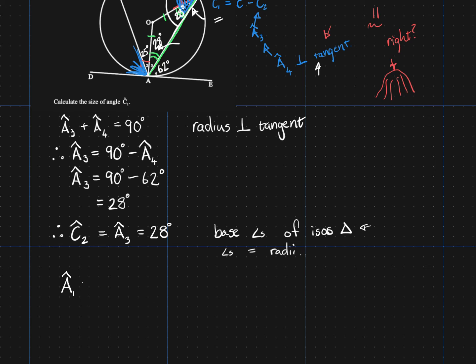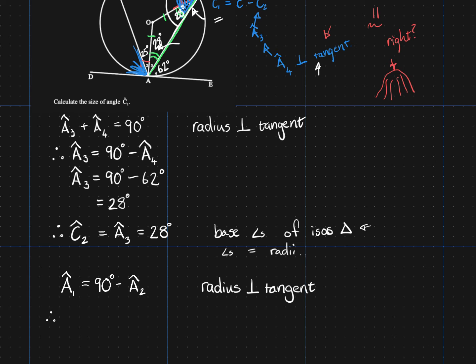Now A1 is going to equal 90 degrees minus A2. And how do we know that? We still say its radius is perpendicular to the tangent. Let's write it out nicely. Tangent.